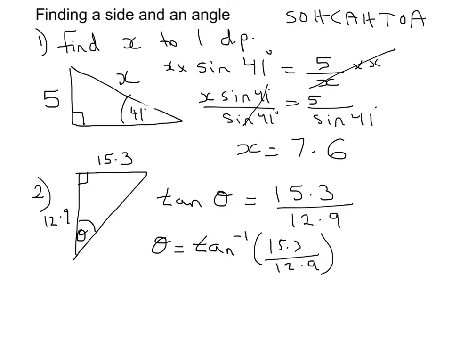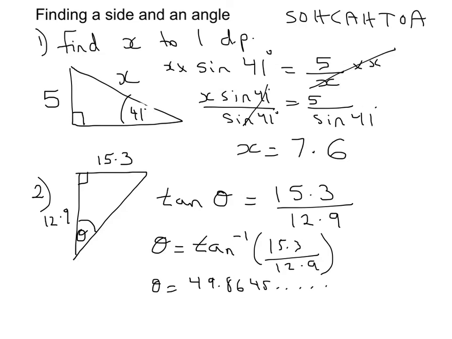Second function, tan, and then you can use brackets: open bracket, 15.3, fraction bar or divided by, 12.9, close bracket, equals, and you get theta is equal to 49.8645, and it goes on and on.